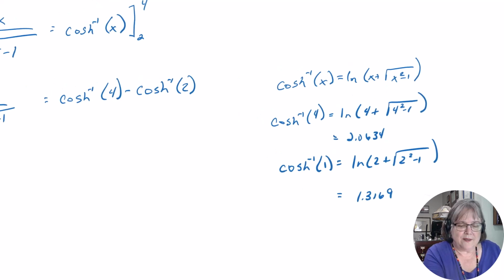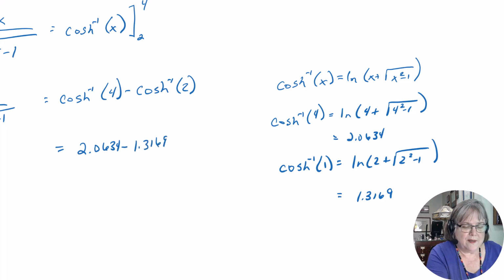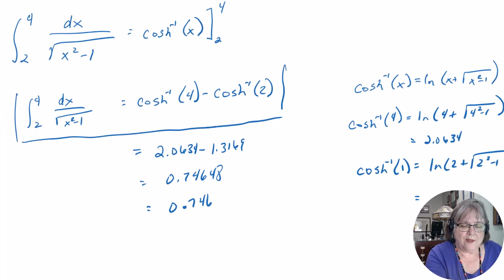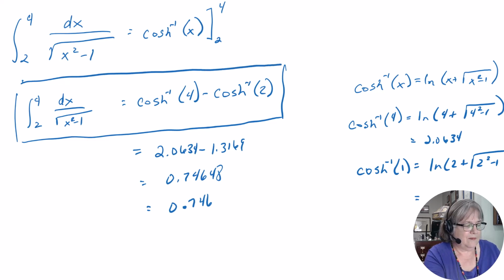All right, so this turns out to be 2.0634 minus 1.3169, which is 0.74648, or 0.746 if you round it off to 3. And only you know whether you're responsible for actually working that out. Okay?